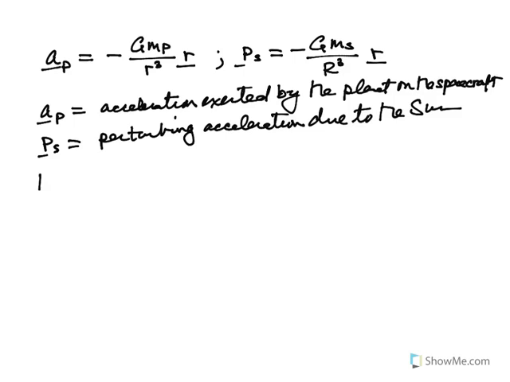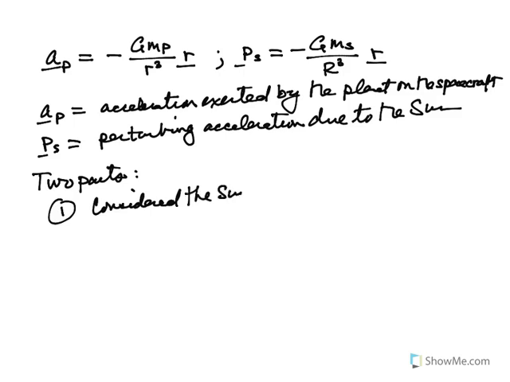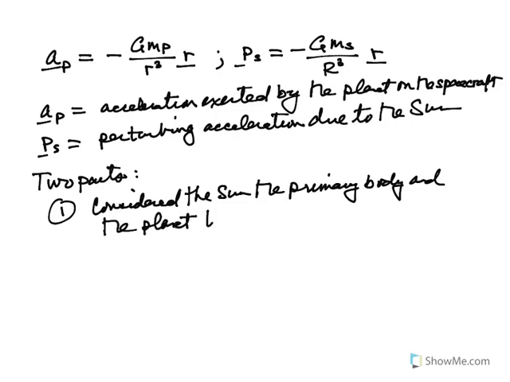So we have two parts to this, which is, first, we considered the sun the primary body, and the planet to be the perturbing body.